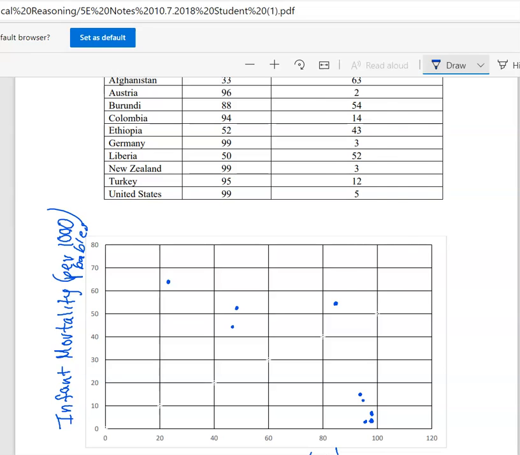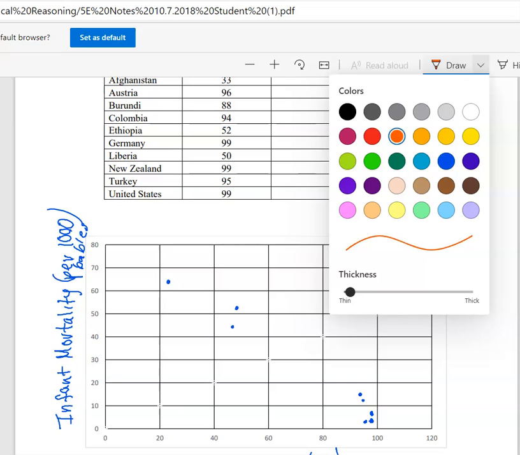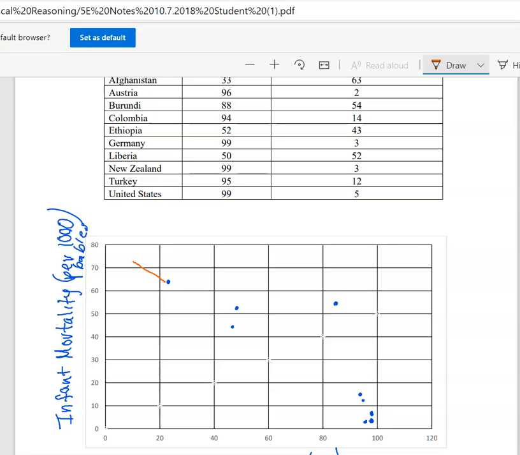If we were to draw a line of best fit, and we'll talk about what that is a little bit more, we'd want to try to hit as many dots as possible, but basically go in the middle of the others. So a line of best fit might be about right here. I could use this to make predictions. In other words, if I have a literacy rate of 40, so if I go for 40 and I go over, I'm estimating that my infant mortality rate would be about 52.